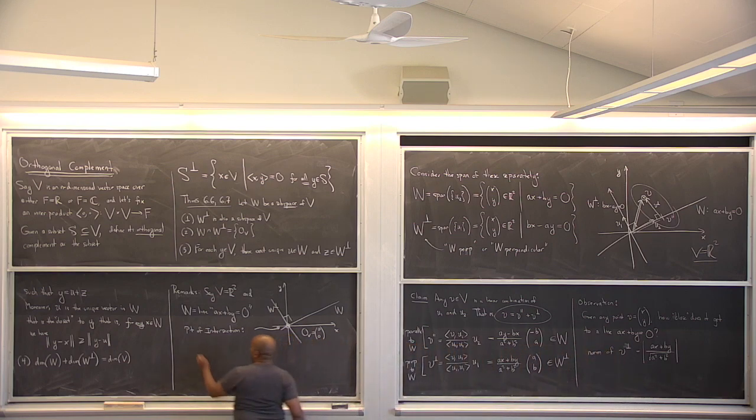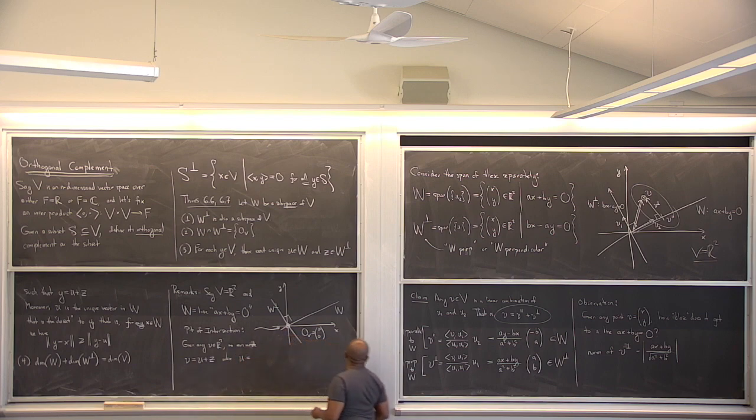Number 3, given any V, we can write this here as U plus Z, where U is what I was calling here V parallel, and Z is what I was calling here V perp.